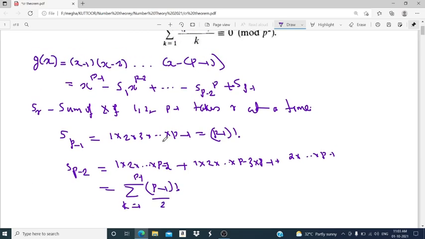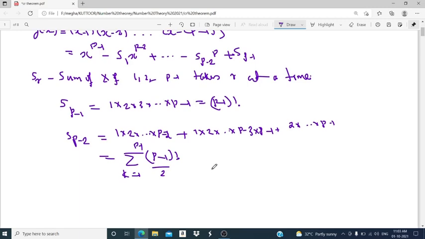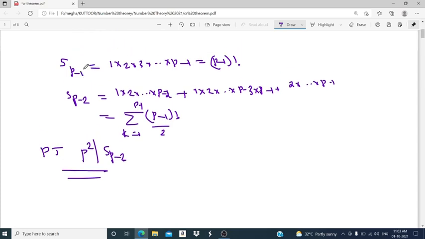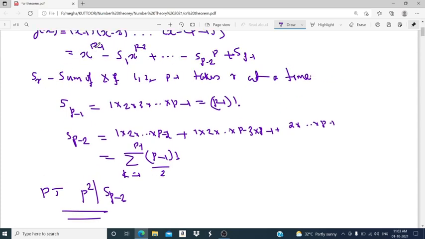Actually, we have to prove that this s_{p-2} is congruent to 0 mod p square. So we have to prove that p square divides s_{p-2}. This is the statement actually. Okay. Now we consider g of x equal to x to the power p minus 1, minus s1 x to the power p minus 2, plus etc., minus s_{p-2} x, plus s_{p-1}.